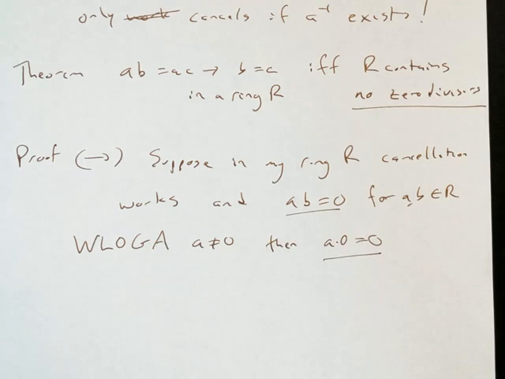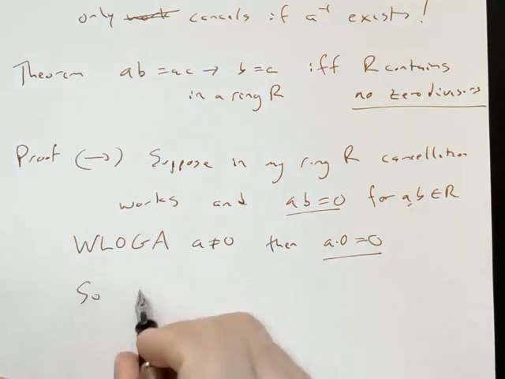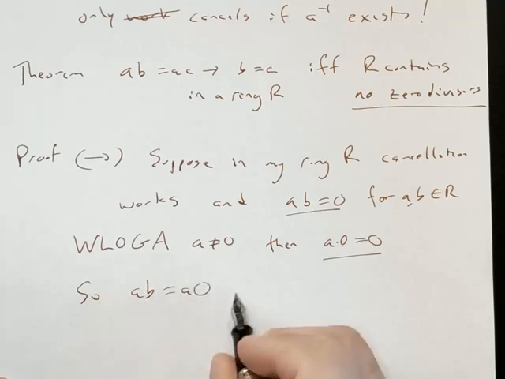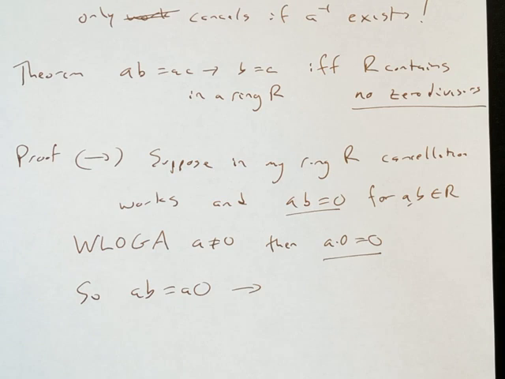Transitivity. What does transitivity give me? You can set those equal to each other. You can cancel. Because that's what we said worked. Canceling works. What's B? 0. Hello.